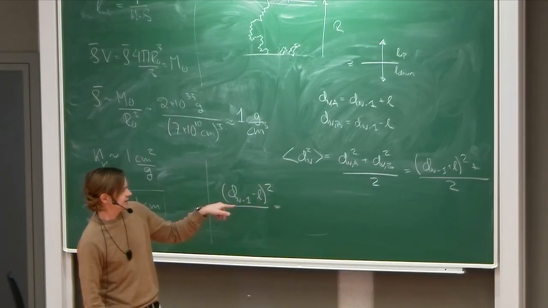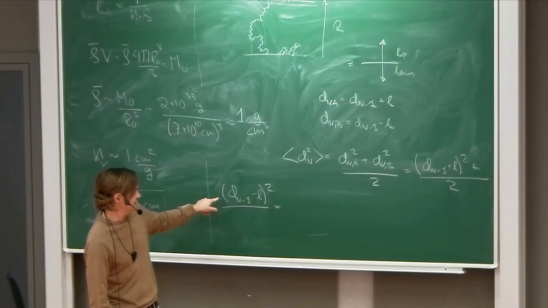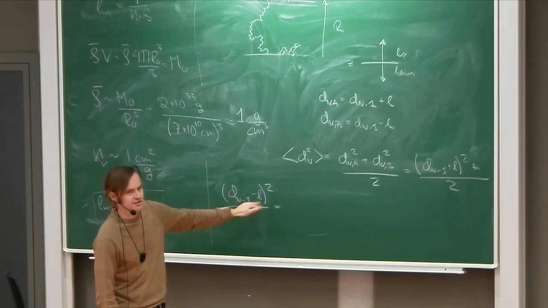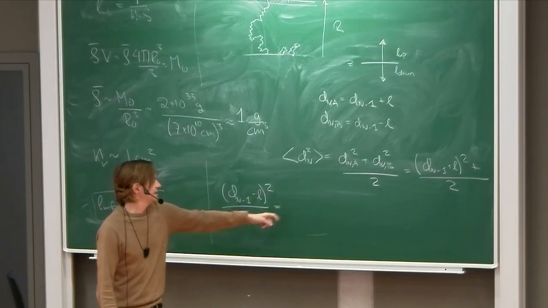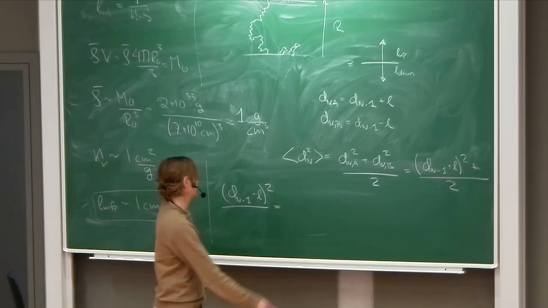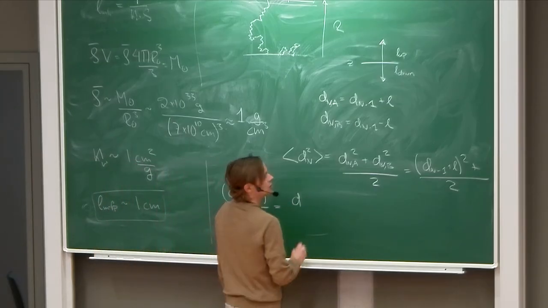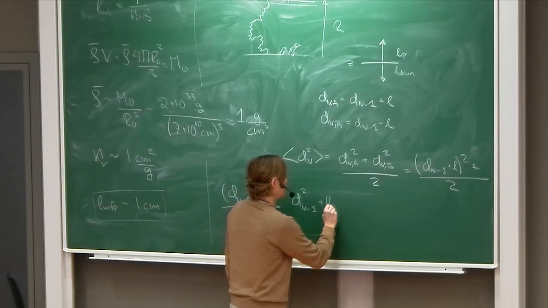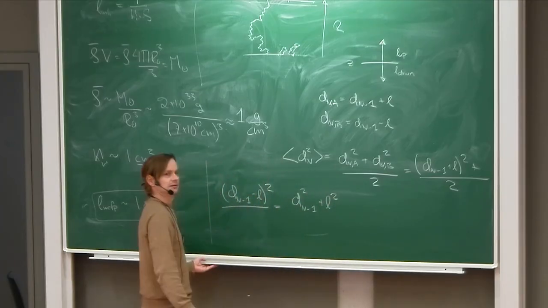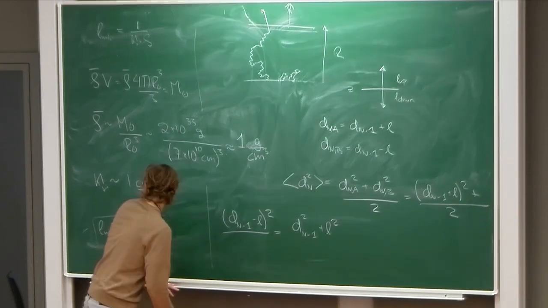Now, you can just look at this and see, okay, that's neat, because the cross terms are going to cancel. Yeah? And then we're going to get 2 of these out, and that's going to cancel the factor of 2. So we're ending up with d_{n-1} squared plus L squared. Okay, well, that's interesting.